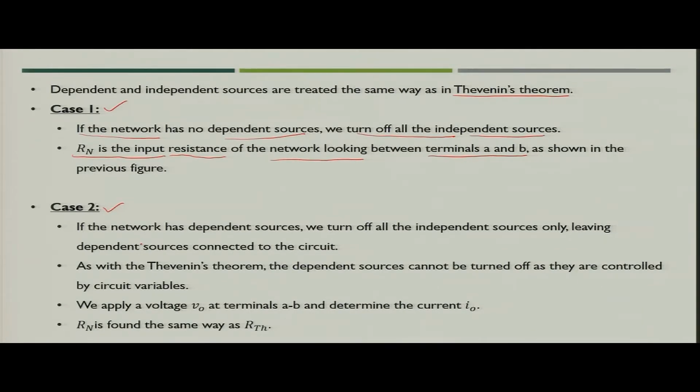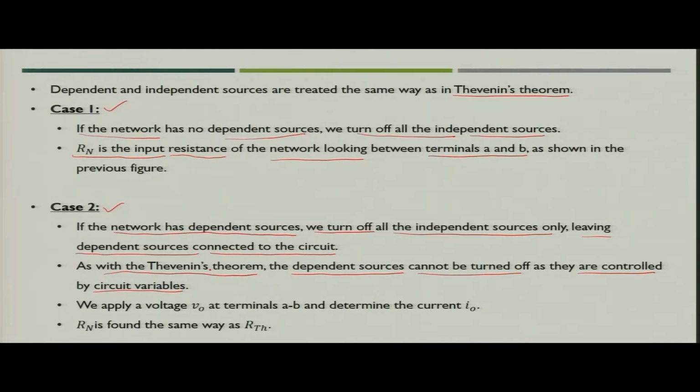The second case is when the network has dependent sources. What do we have to do? We can only turn off the independent sources connected to the network, while leaving the dependent sources connected to the circuit. As we saw with Thevenin's theorem, the dependent sources cannot be turned off because they are controlled by the circuit variables.